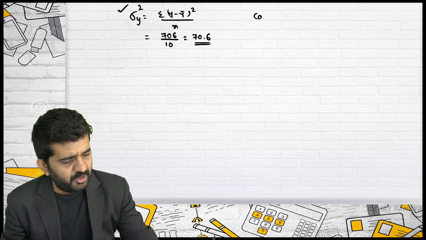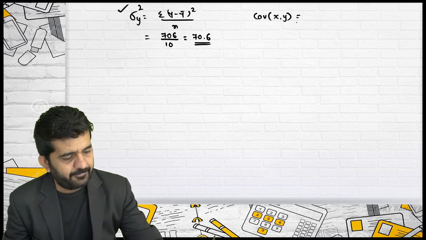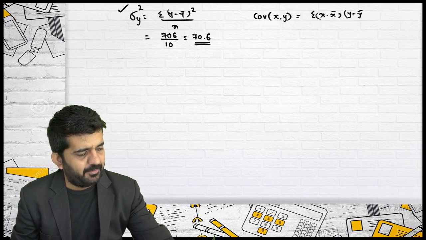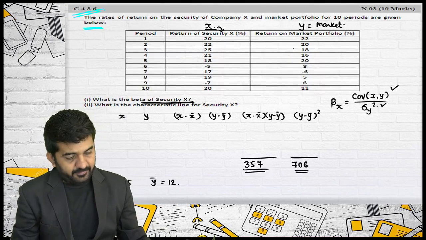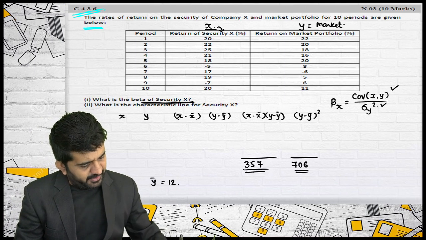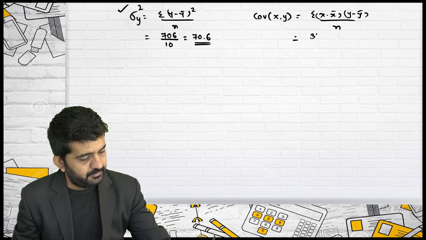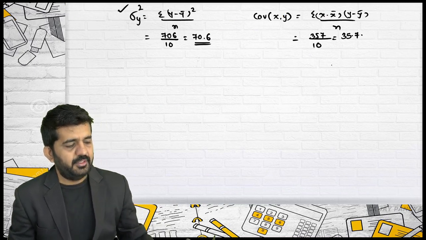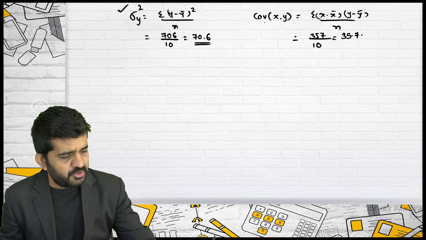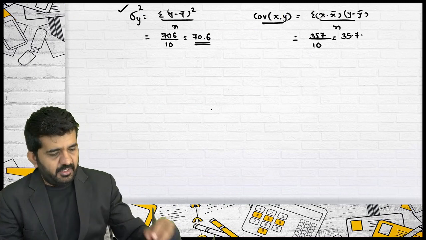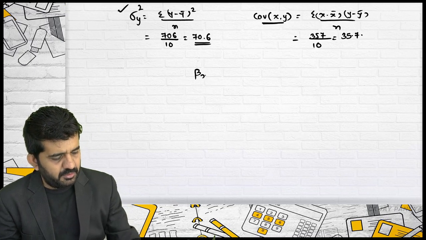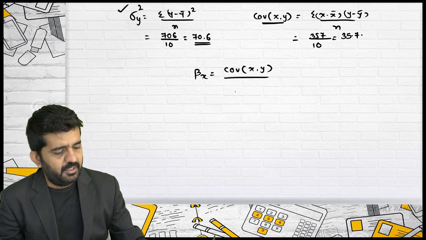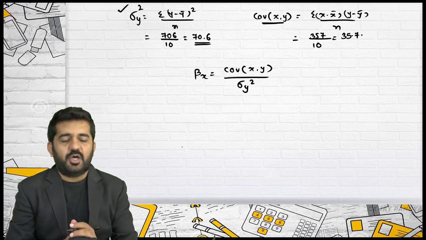Is it correct? Let me also find out the covariance between X and Y. Covariance between X and Y is sigma X minus X bar, Y minus Y bar upon n. X minus X bar, Y minus Y bar I have directly taken as 357. Divided by 10 is 35.7. This is the covariance between X and Y. Let us find out the beta of the security. It is the covariance between X and Y divided by the variance of market.